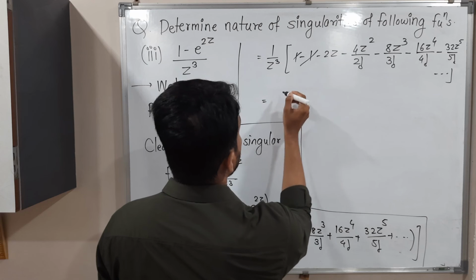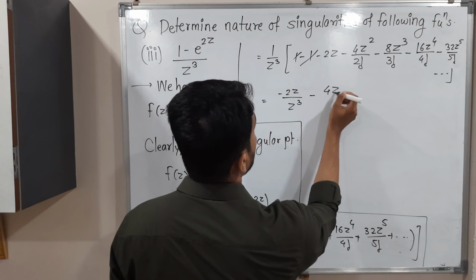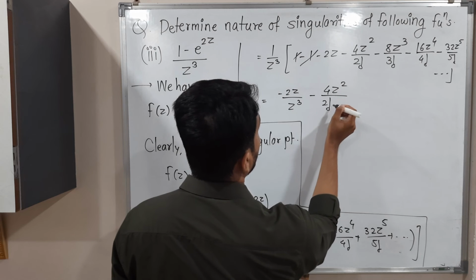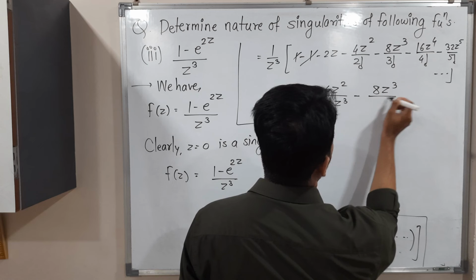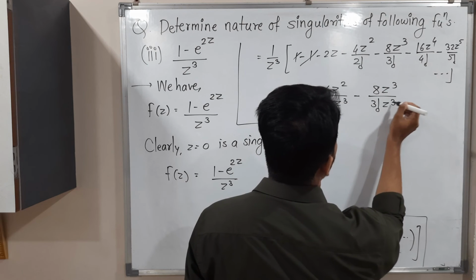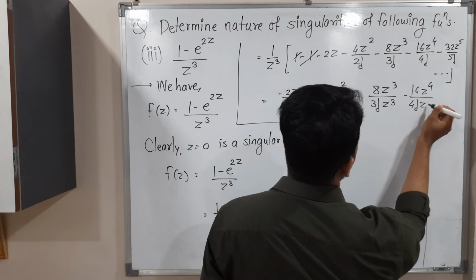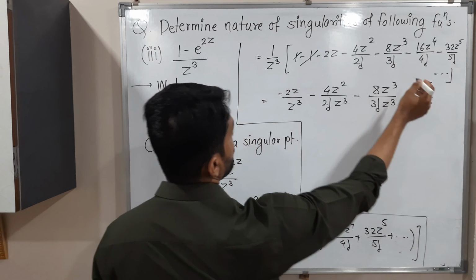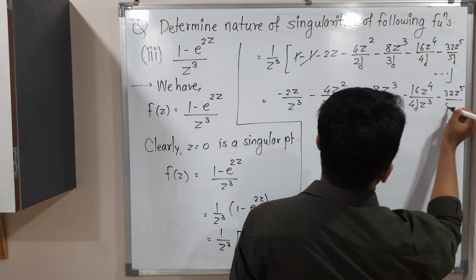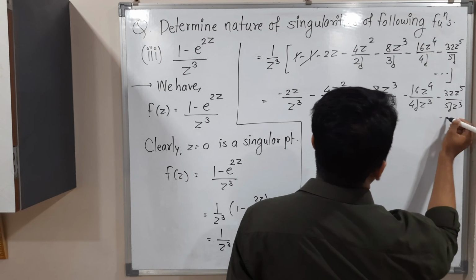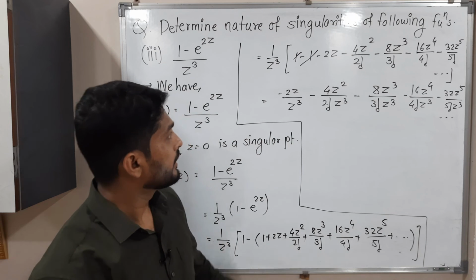So we'll have like this: minus 2z upon z cube, minus 4z square upon 2 factorial z cube, minus 8z cube upon 3 factorial z cube, minus 16z raised to 4 upon 4 factorial z cube, and minus 32z raised to 5 upon 5 factorial z cube. Tell me, can you cancel anything here? Yes, obviously.